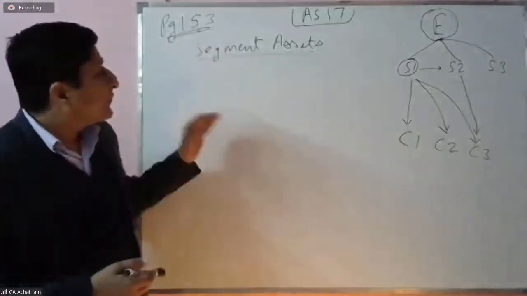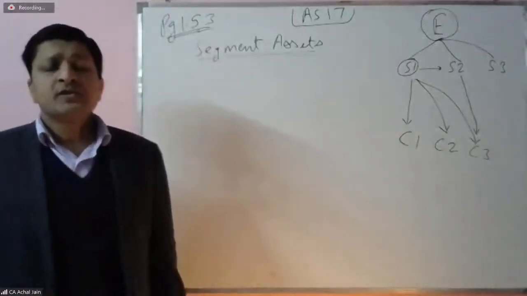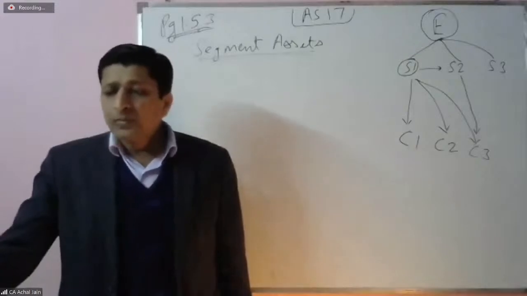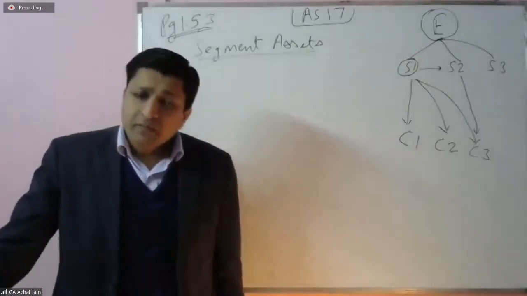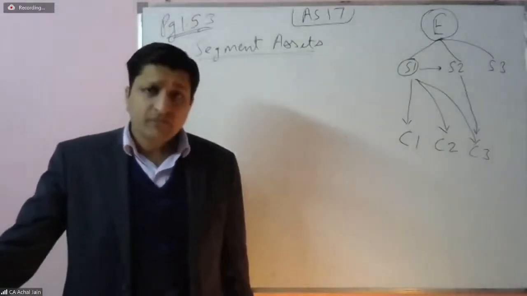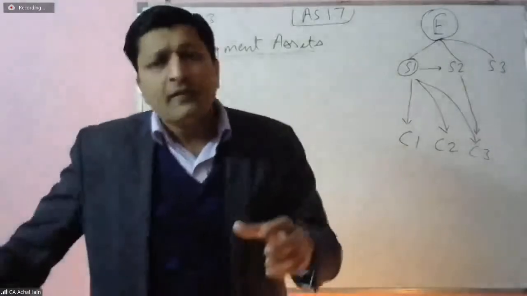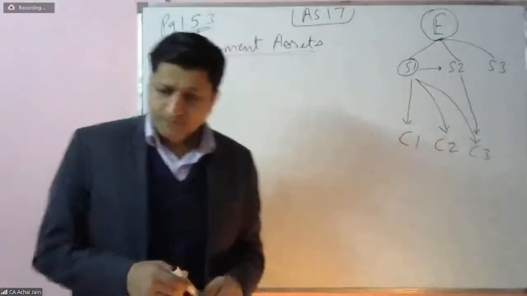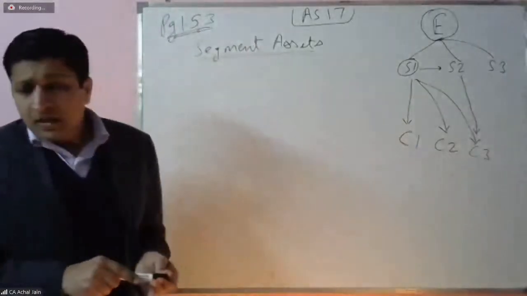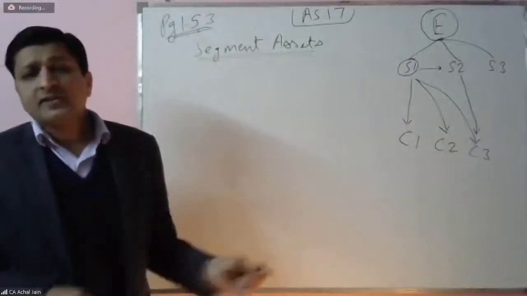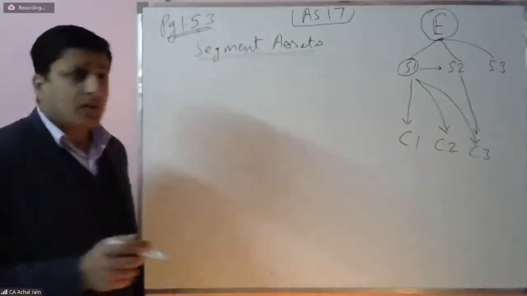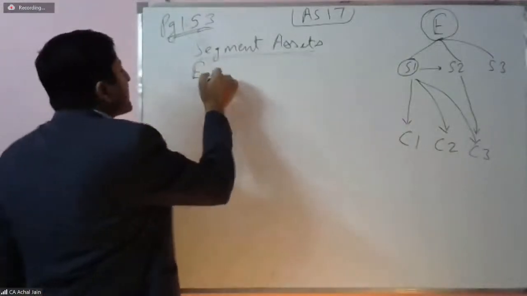And that's why when it comes to the disclosures, segment assets are required to be disclosed, wherein all the assets which pertain to a particular segment will be captured over here. But once again, we have certain exclusions. So let's understand the exclusions.